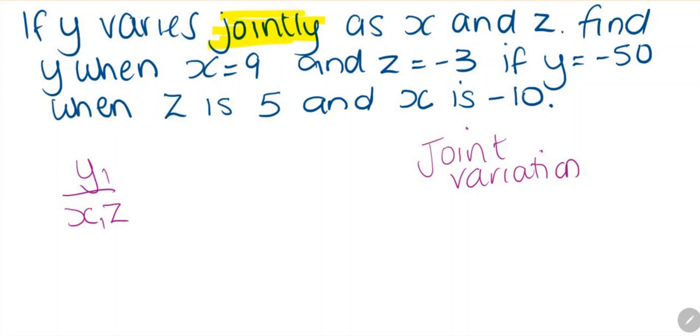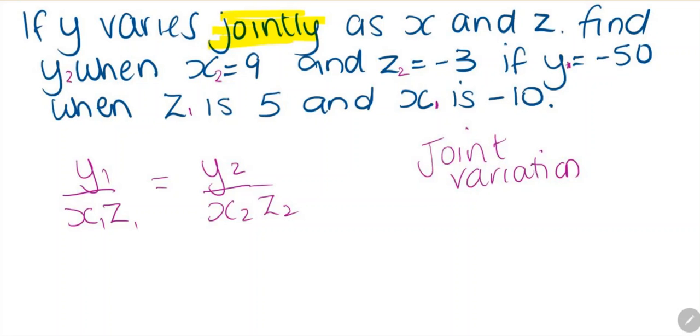So we're going to make these value 1, and then we'll call what we need to find y2, x2 and z2, and the values we know the 1 values. So y1 divided by x1 z1 is equal to y2 divided by x2 z2.